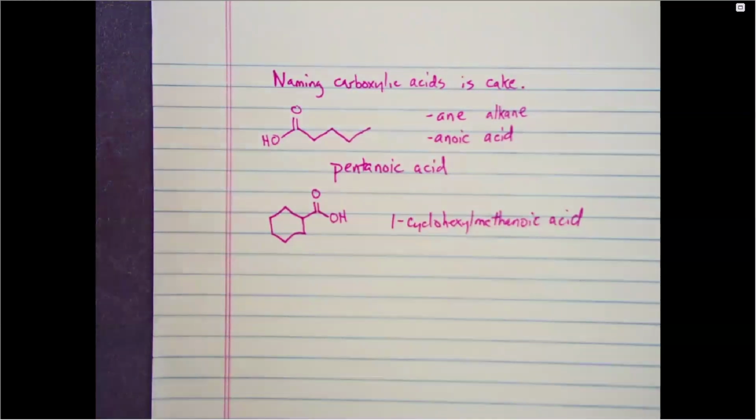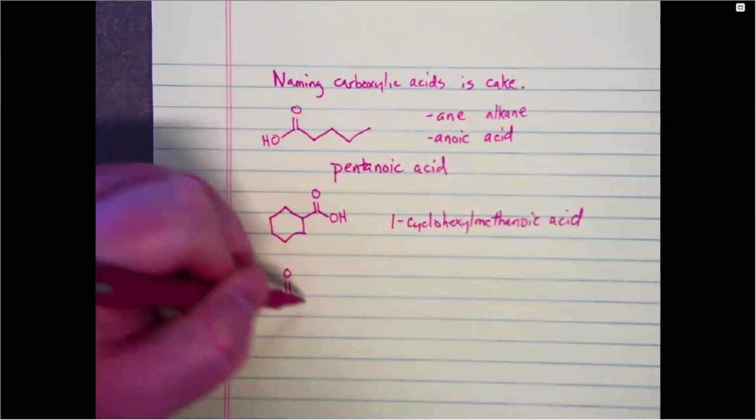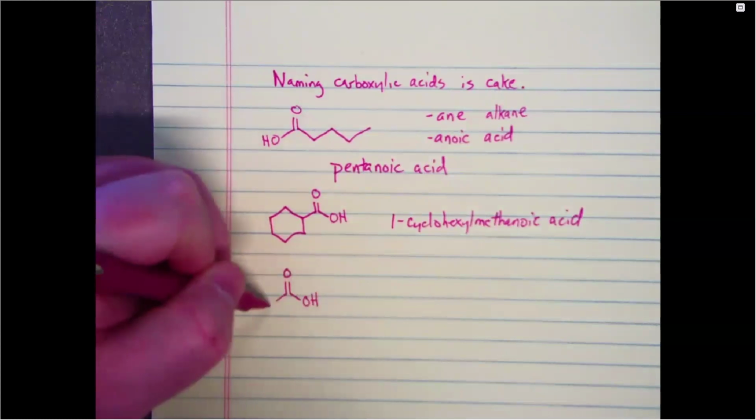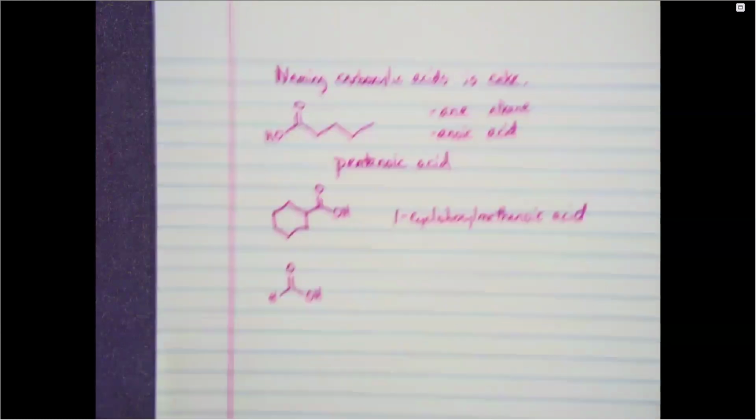There are a number of small carboxylic acids that have common names as well. So we just talked about the formal name for a 1-carbon carboxylic acid. This would be methanoic acid.